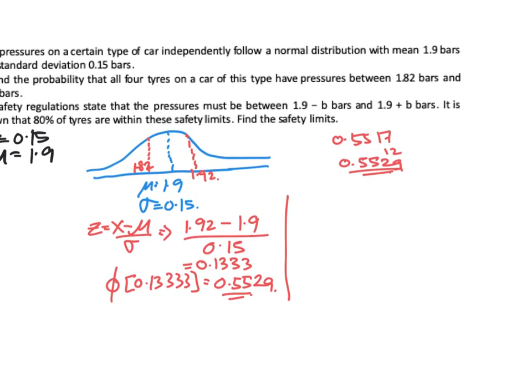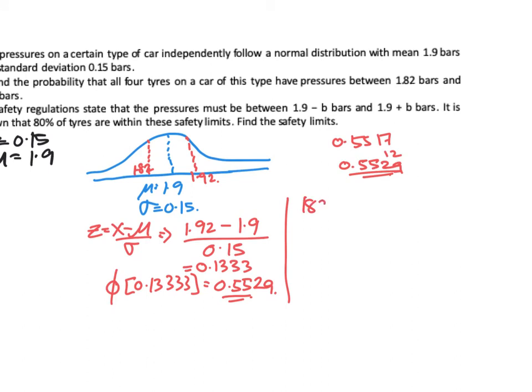Let's do that. 1.82 minus 1.9, and 1.82 is towards the left of the mean, mu, so it should be a negative z-score. So 1.82 minus 1.9 over 0.15, and I'm getting negative 0.5333.